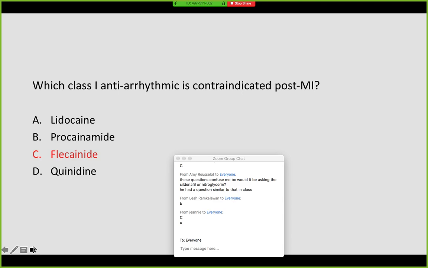That's correct. Flecainide, I believe, is class C, right? Yeah, class 1C. So it's contraindicated post-MI, and class 1B, like in that Dirty Medicine video, B is the best post-MI.